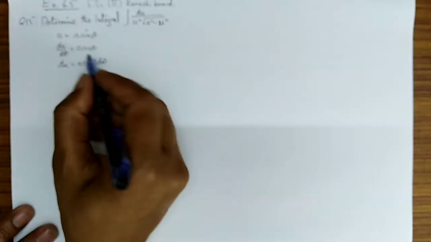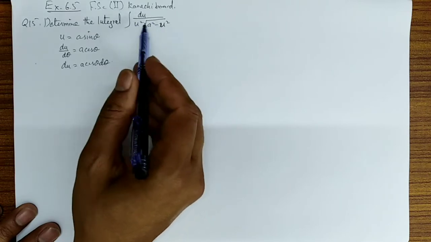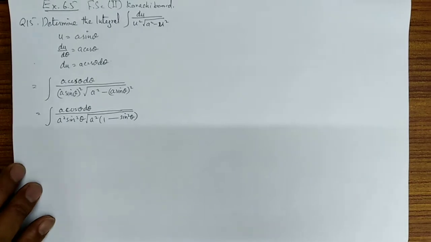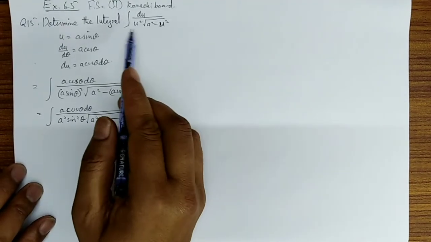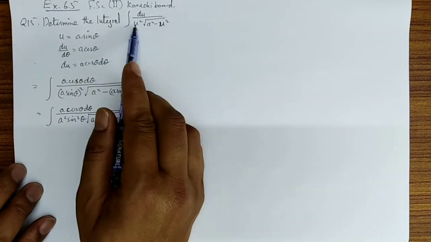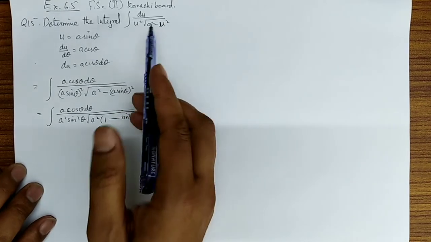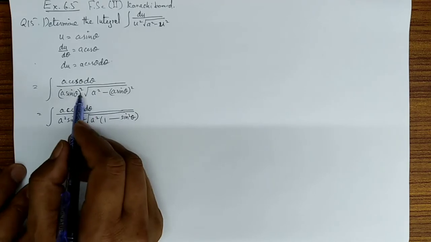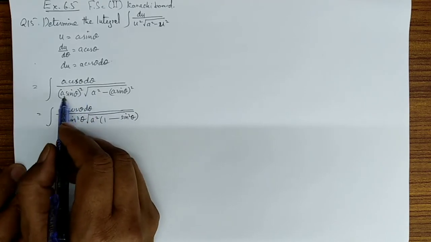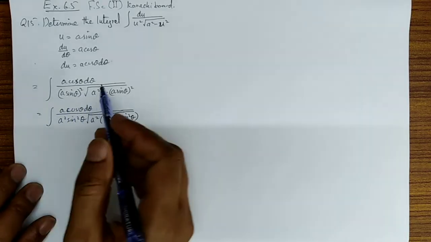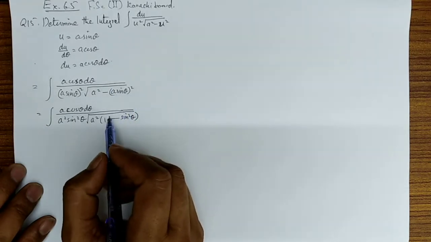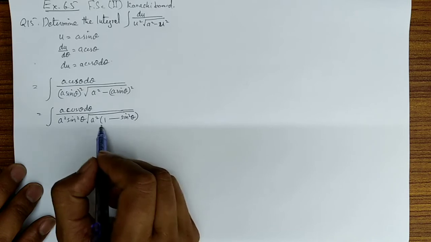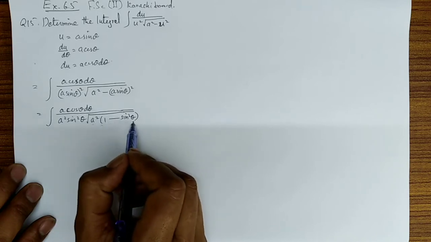Now substituting the values in this given part, we have substituted the value of u here and here, then we obtain this expression in the denominator. Now applying the square on a sine theta, (a sine theta) whole squared, and taking this a square from here and here, we get a square into 1 minus sine square theta.